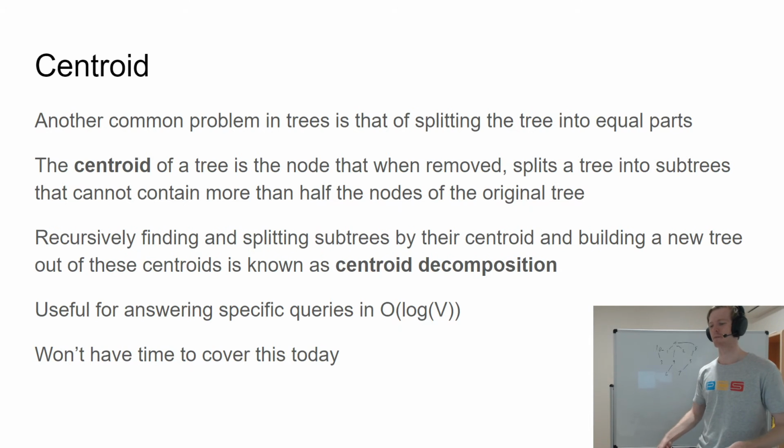It's technically log n, because trees have n vertices and n minus 1 edges, so it's approximately O of n for anything with vertices. So we won't be covering this today. There's also another decomposition which does a slightly different thing, what I like as a better way, called heavy light decomposition.